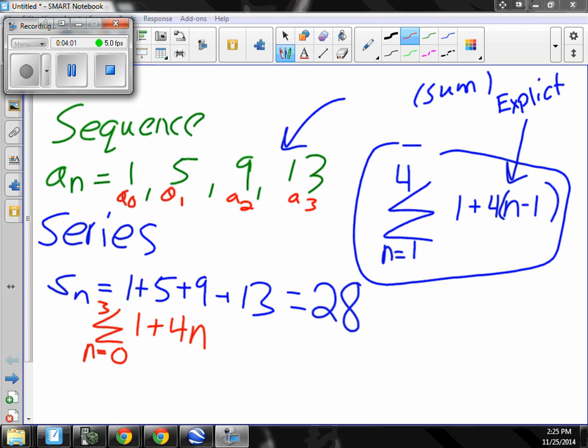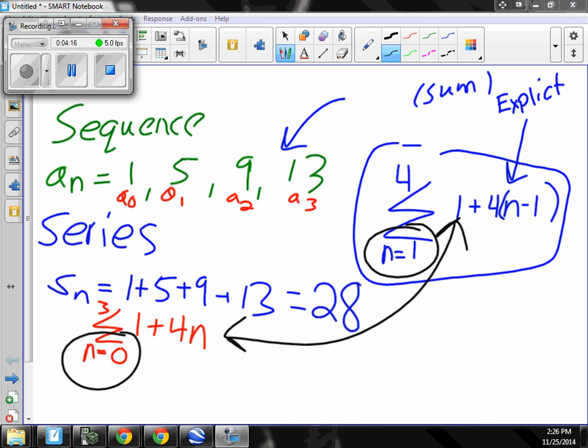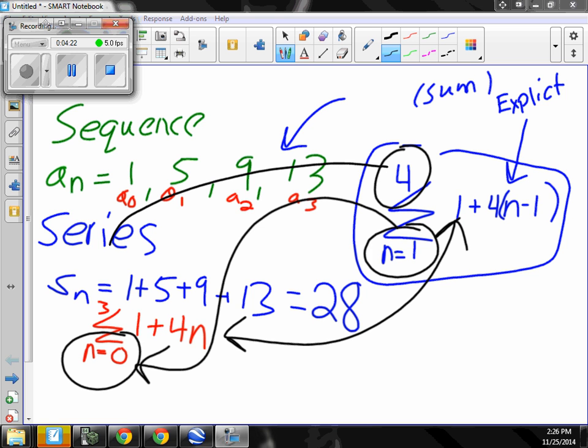So what's a good way to transition between these two? So this, how did that change? From here to here, my n value went down 1. From here to here, what happened? Went down 1. From here to here, what happened? It went up 1.